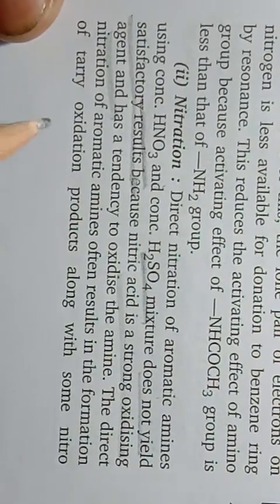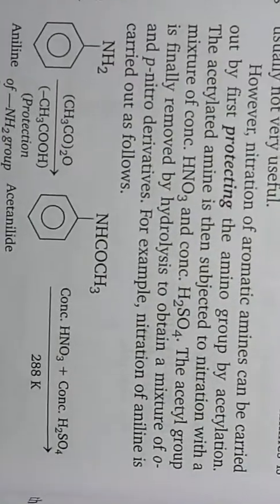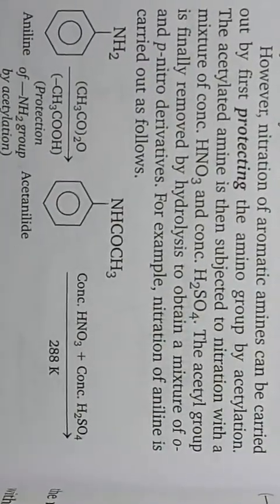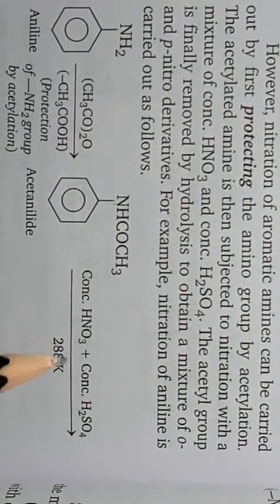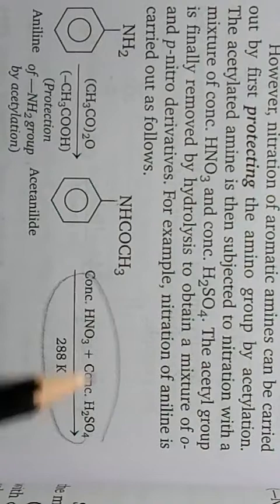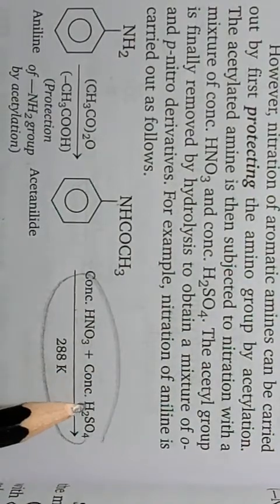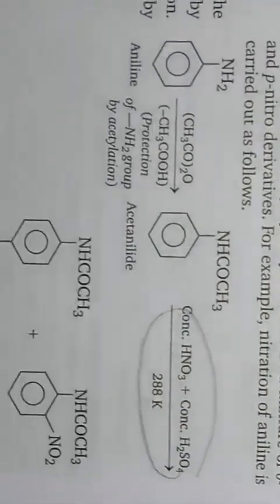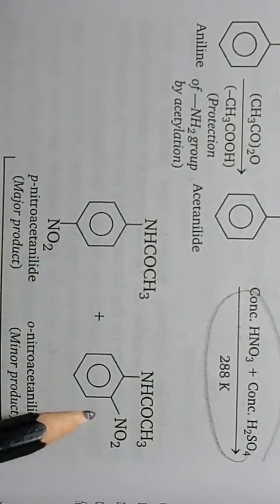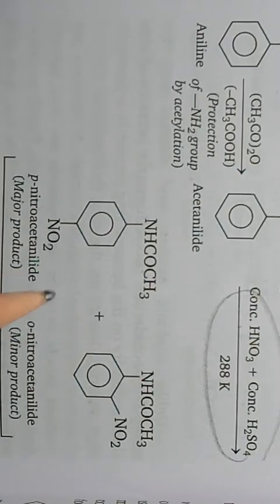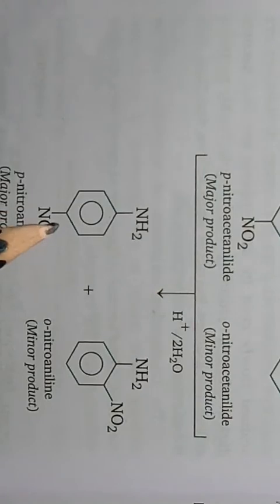So first we will protect this amino group, and after that we will use the nitrating mixture, concentrated HNO3 and concentrated H2SO4. In this condition we will get a mixture of ortho and para derivatives, and after hydrolysis finally we will get ortho and para nitroaniline.